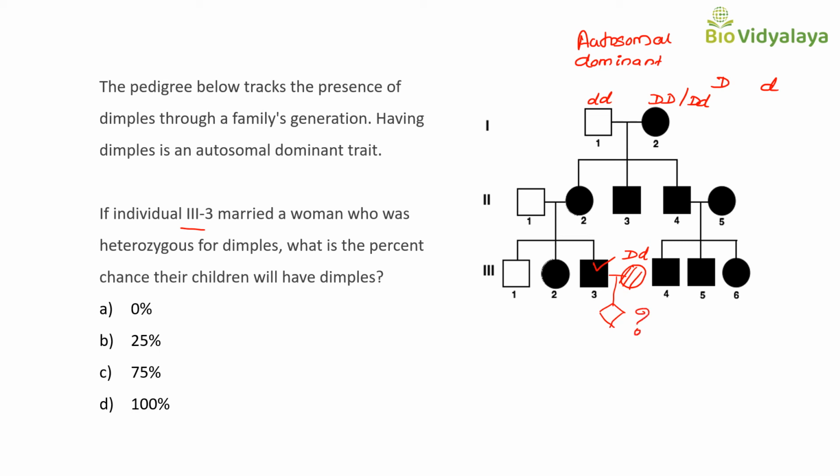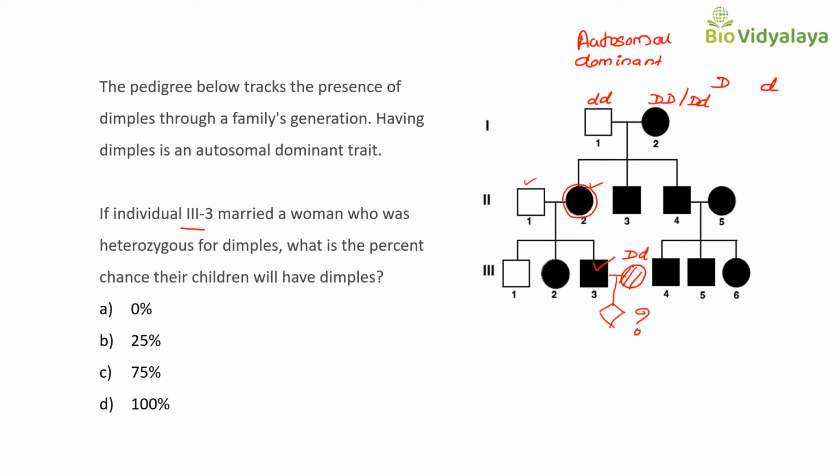So here first we have to find what is the genotype of this individual 33. Let's see that. Here parents of this individual 33 are this one and this one. Here this mother is affected. But this father is not affected.